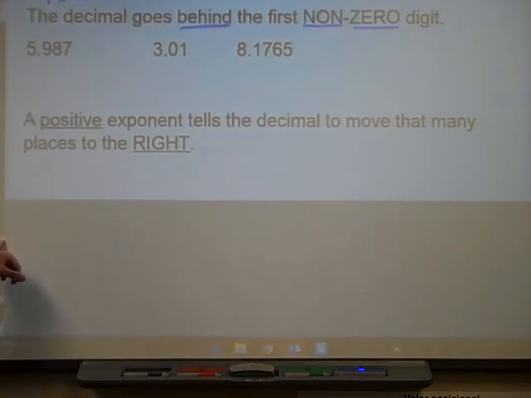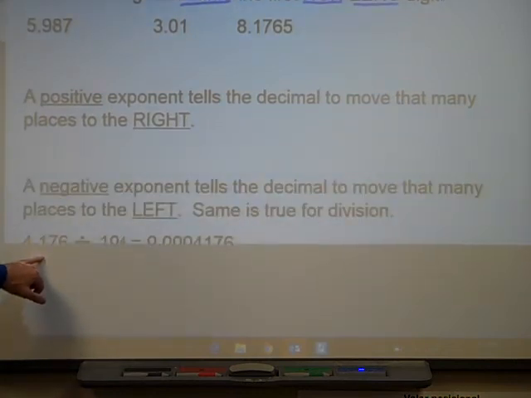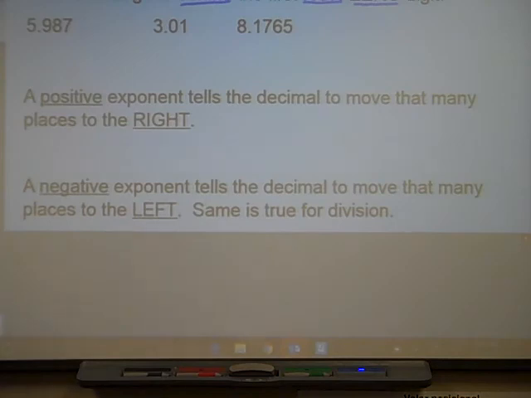And then the final thing to write on page 25, a negative exponent tells the decimal to move that many places to the left. And then I wrote same is true for division. I'll show you what that means here in just a moment.